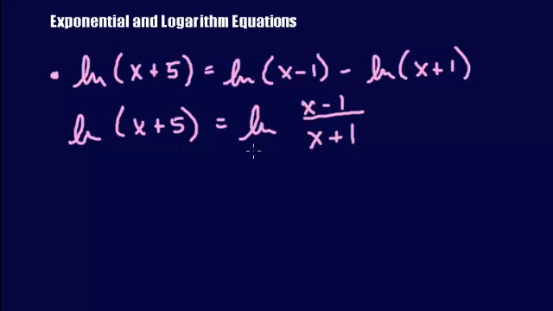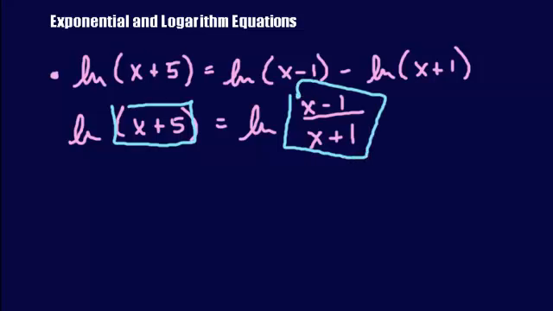And now that you have the log of this thing equals the log of this right here, you can say that you're exponentiating both sides. You can say, well, I've got the log of this equals the log of that. This and that must be equal. However it is you want to think of it, you go right ahead. The end result will look like this right here.